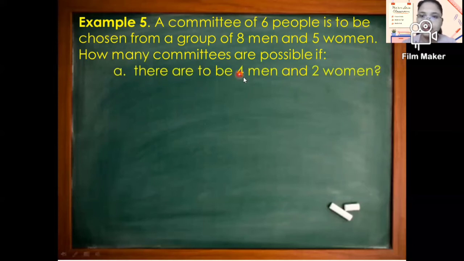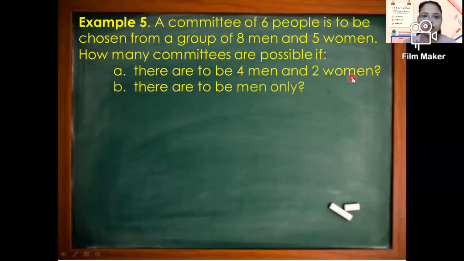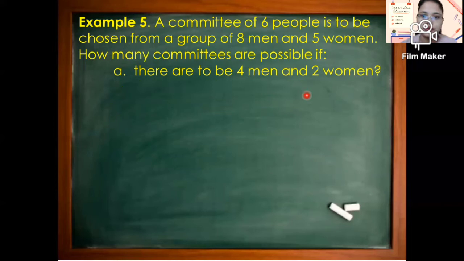So 4 plus 2 is 6 kasi nga ang kailangan natin ay 6. Pero may specific na dapat daw 4 na lalaki at 2 babae. Another condition, there are to be men only. So hindi pwedeng may babae sa committee. Ang gusto naman daw, yung second condition naman, dapat puro lalaki lang. Okay, paano kaya natin i-solve yan?